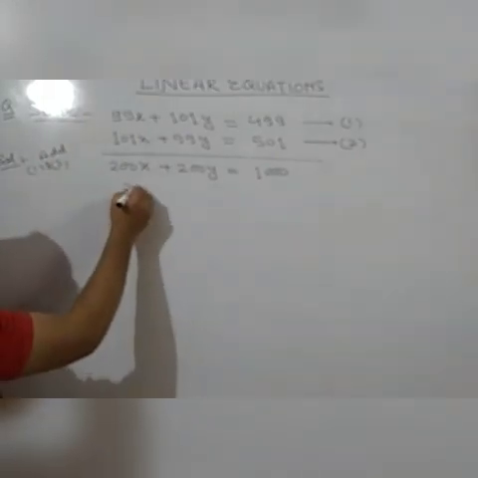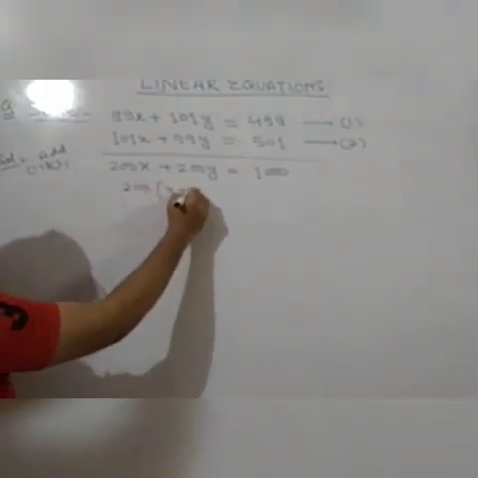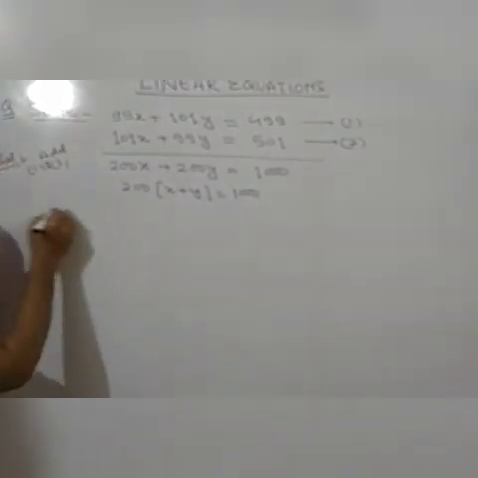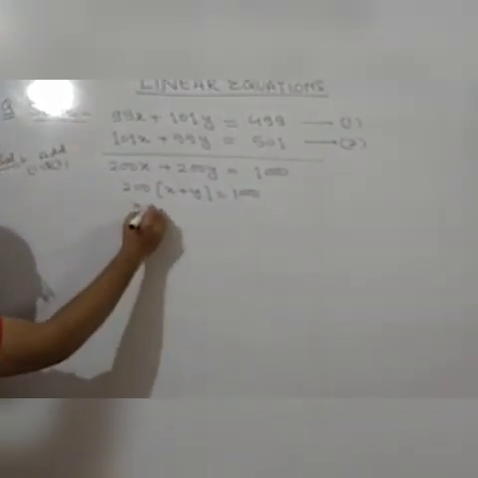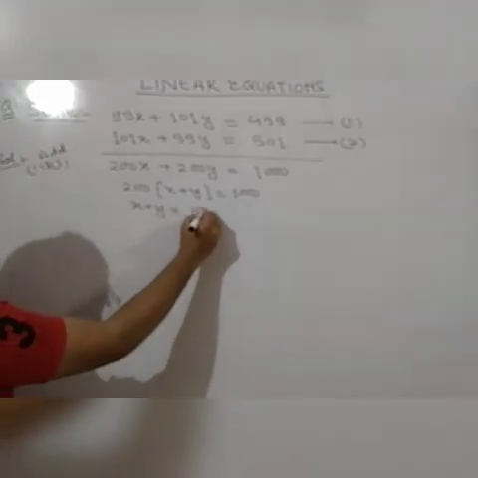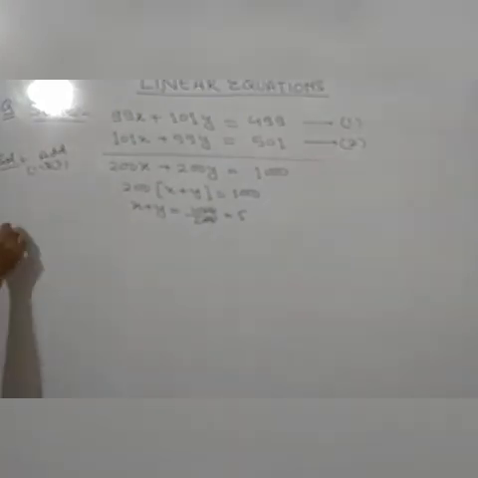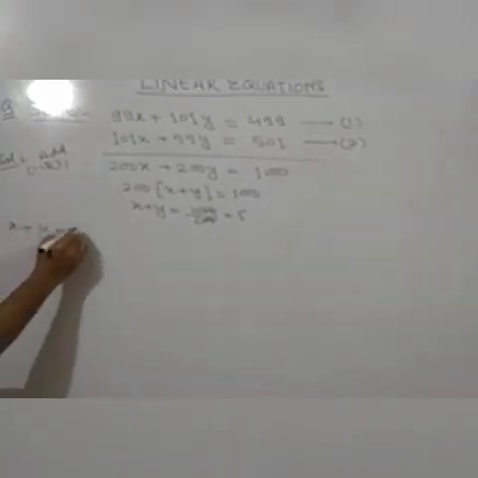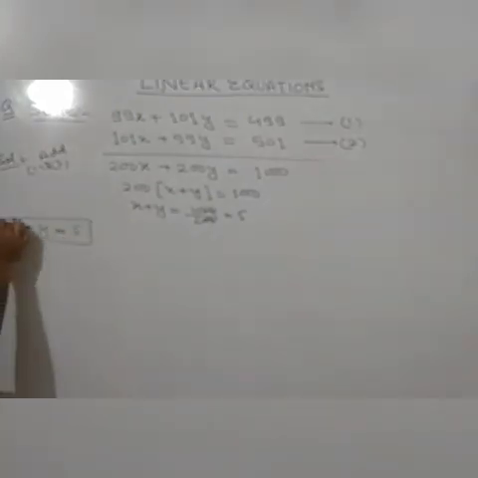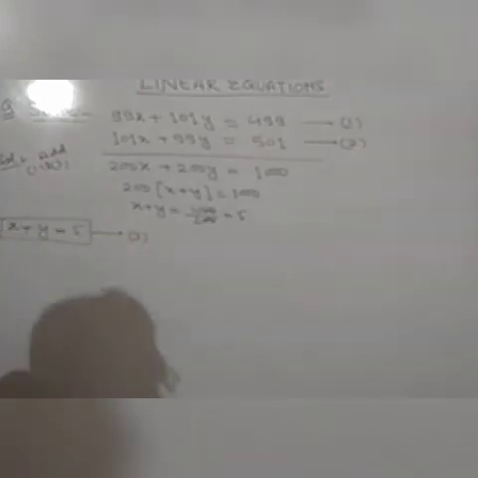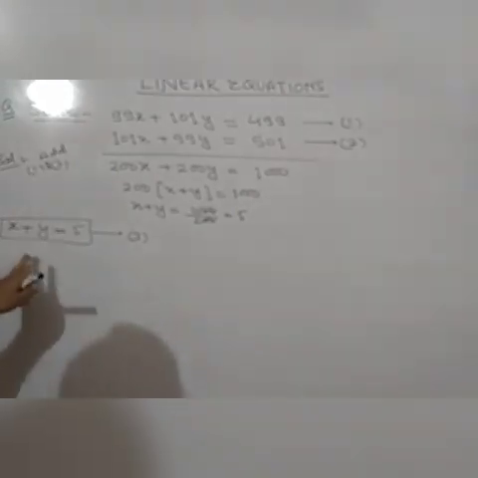If we take 200 common, we will get x plus y is equal to 1000 upon 200, that will be 5. So we get the third equation, x plus y is equal to 5. Okay, so it is equation number 3.